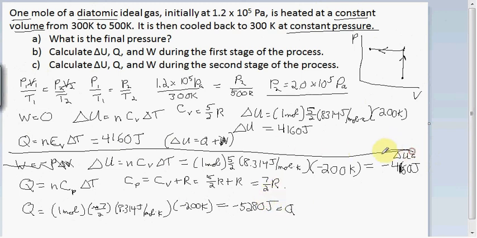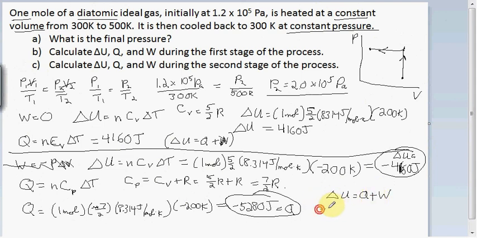So I've got delta U, although you probably can't read it. I've got Q. And finally, I say delta U equals Q plus W, sorry.